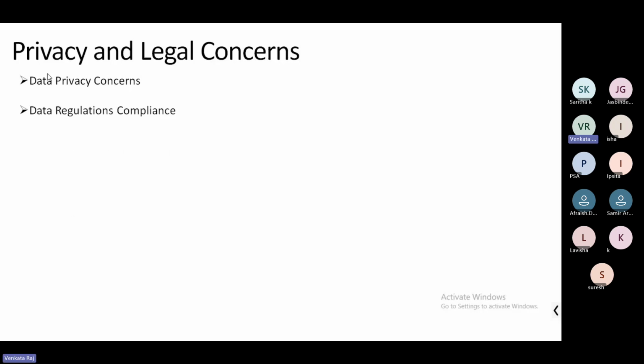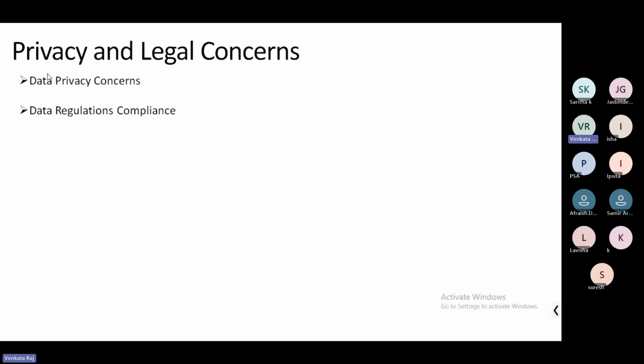Then data regulations compliance. There are different data regulations, like GDPR, the European laws, and other data regulations in place for different countries. If there is any NDA or CCPA, so there are different data regulations.